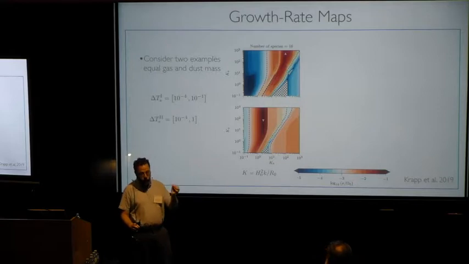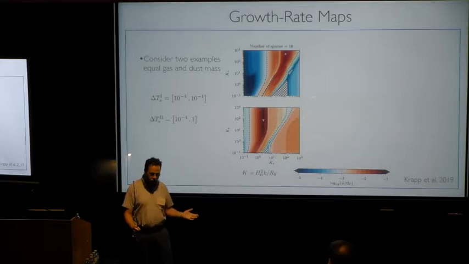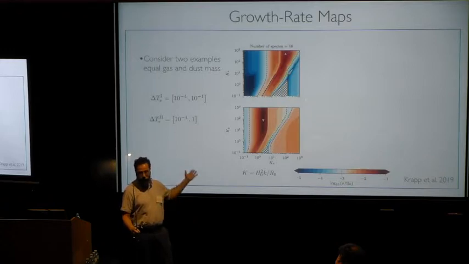And then for each individual mode in Fourier space, which is identified by the radial wave number and a vertical wave number, you can solve the eigenvalue problem and then find if there are modes that grow and which ones are those, and so on, right? It has been done extensively for many instabilities, but has never been done for the streaming instability for n particle species, okay?